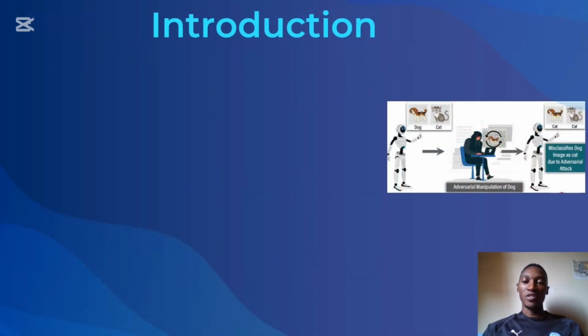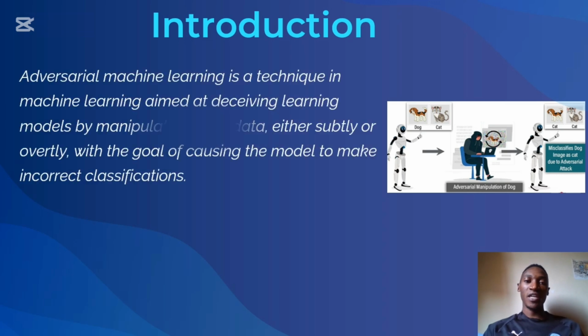To give you a brief introduction, adversarial machine learning is a technique in machine learning aimed at deceiving a learning model by manipulating input data, either subtly or overtly, with the goal of causing the model to make a misclassification.